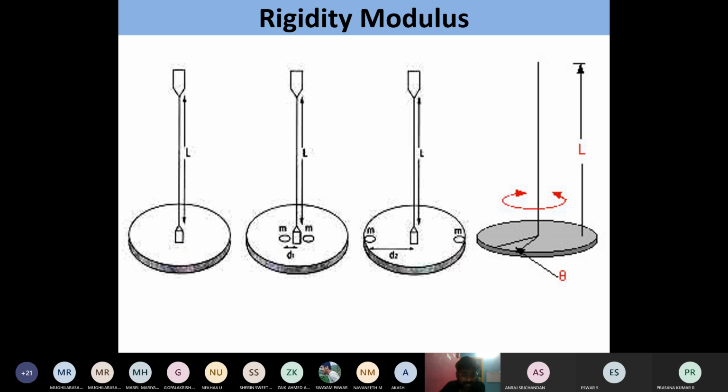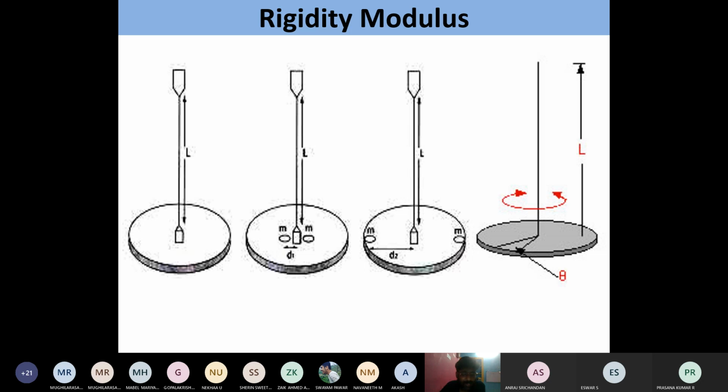So we are going to consider a copper or brass wire here at the tip. One end of the wire is fixed by the chuck, and the other end of the wire is again connected to a chuck, and through the chuck it is connected to the metal disc.